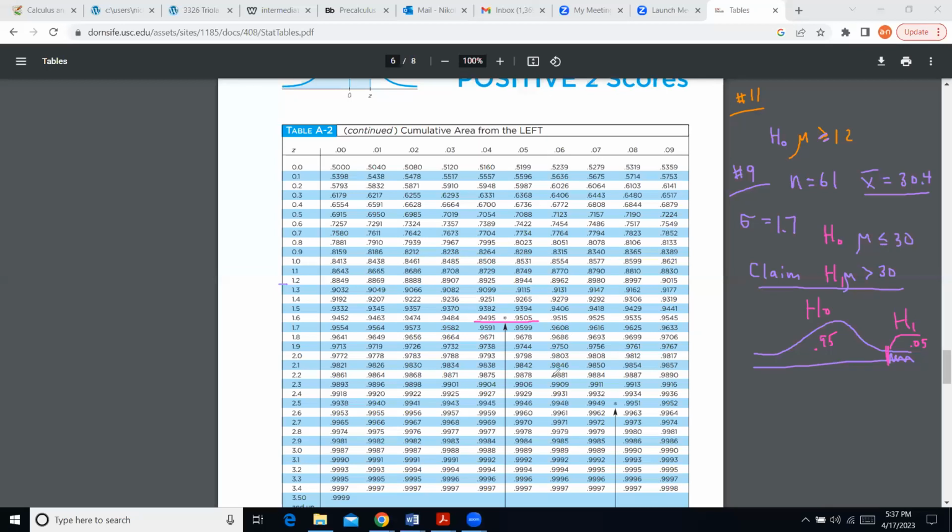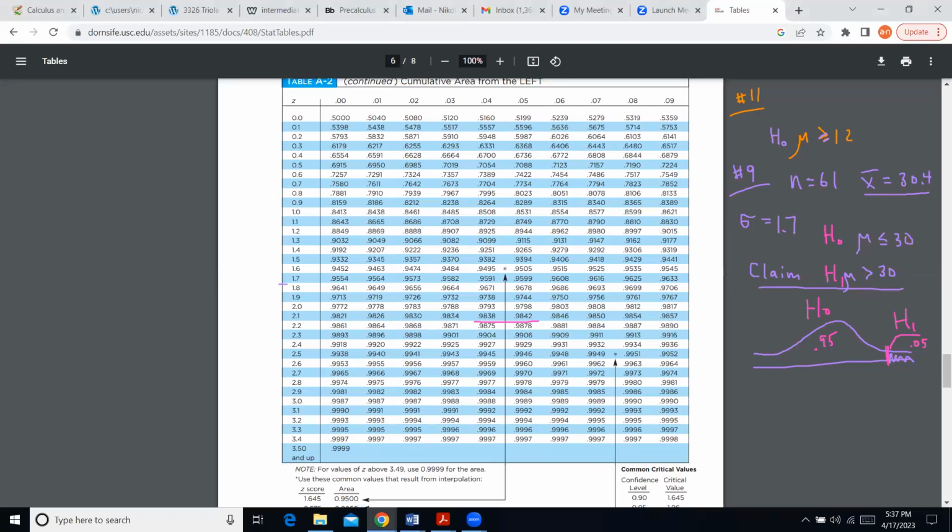Remember the asterisk points to that special number. So we're exactly in between 94.95 and 95.05, right? That's what this asterisk actually reminds us of.